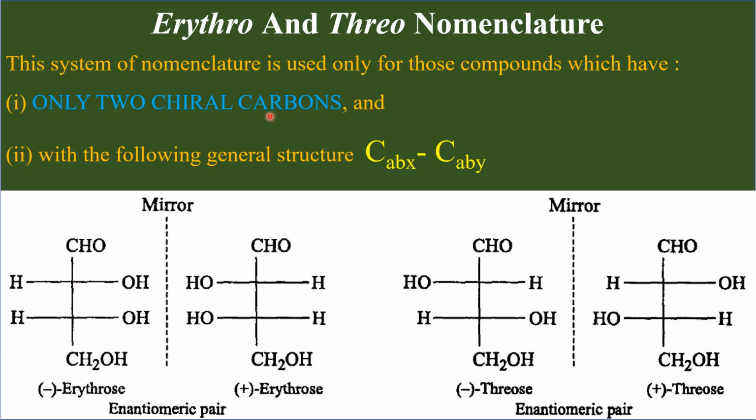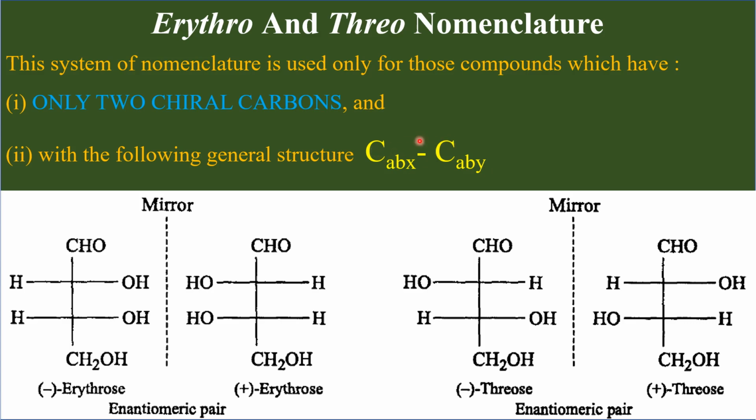So it is obeying the first rule. For assigning erythro-threo nomenclature, the molecule should obey two conditions. That is, it should have only two chiral carbon atoms. Yes, this molecule has two chiral carbon atoms, therefore it obeys the first rule. Then rule number 2 is it should have the general formula CABX, CABY.